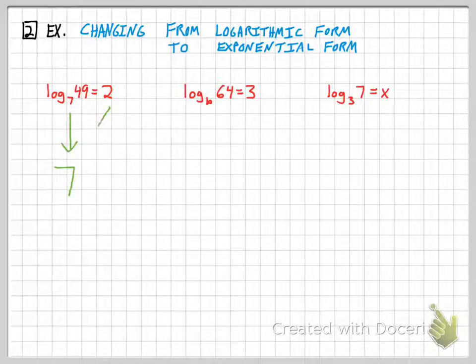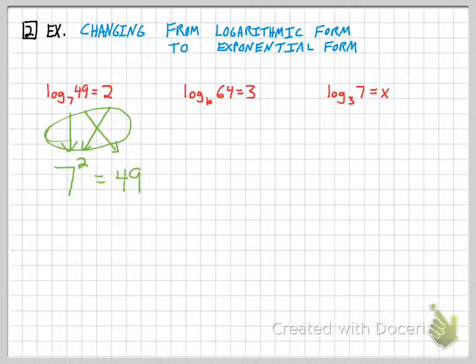We take the answer to our logarithm and make that an exponent. Then the thing that we're taking the log of becomes the answer. Call this the Roman numeral 9 trick. You may see the Roman numeral 9 right there. Log base 7 of 49 equals 2 is the same thing as 7 squared equals 49.